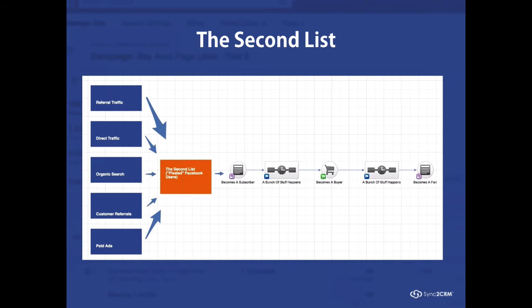Once they're warmed up, they know who we are, they've read some of our stuff, they know, like, and trust us, then we come in and ask them to opt in. And we find that the success rate of that is much higher.